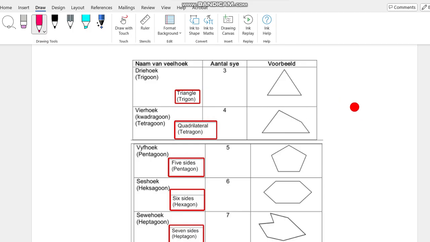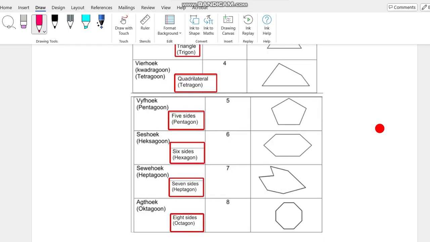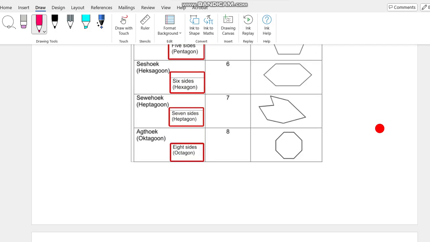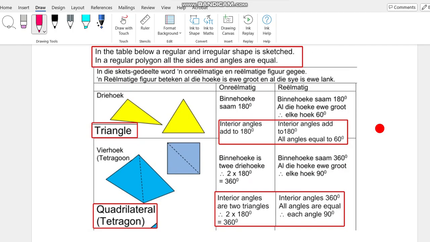So please pause the video and do summaries of the following and make sure you remember these words with the amount of sides it has. Okay, we will go on to the next.